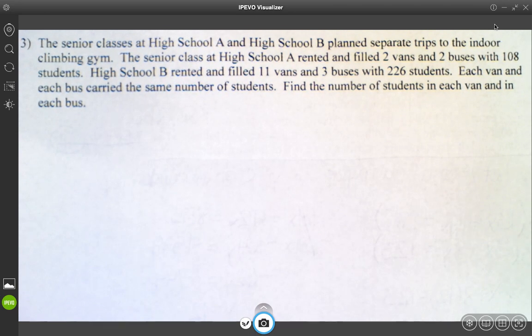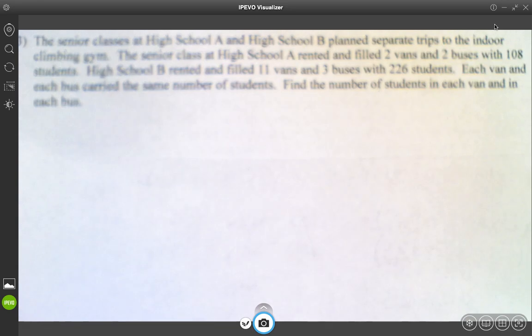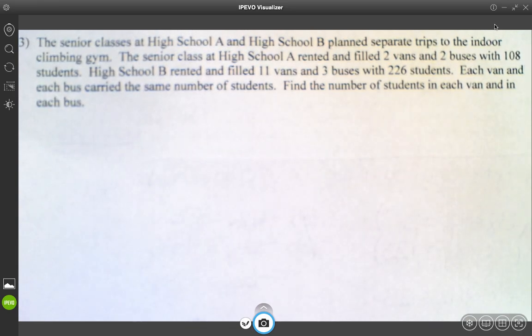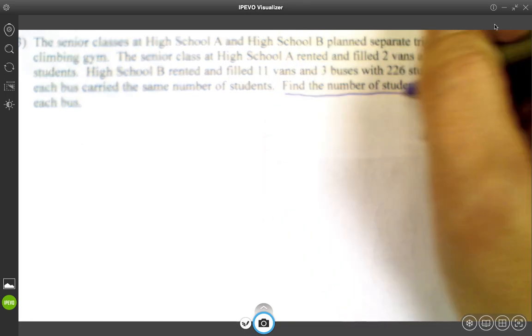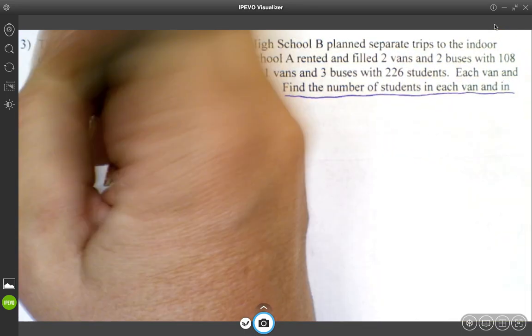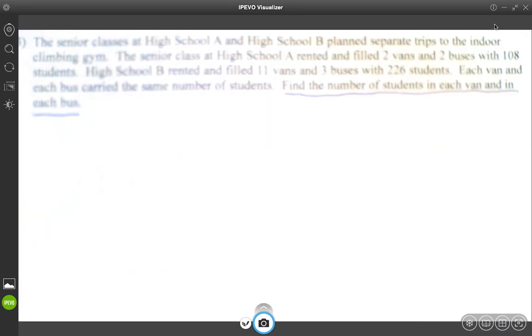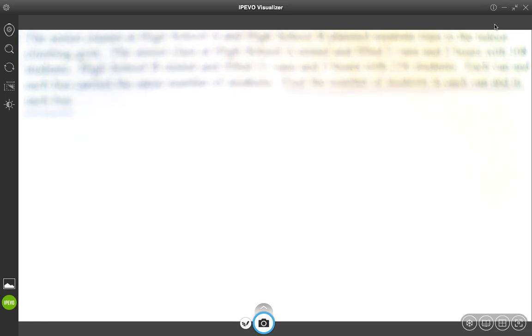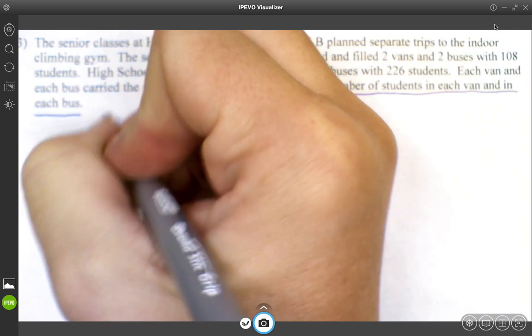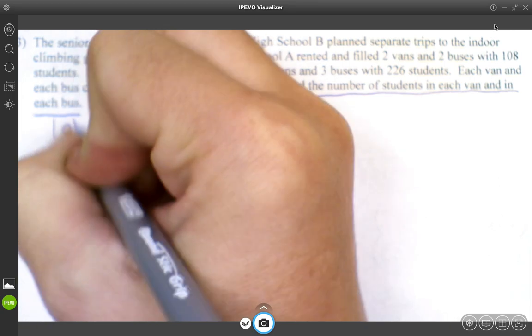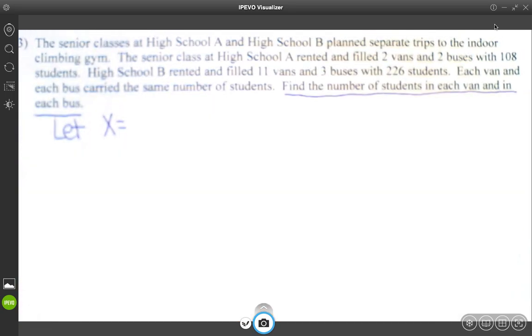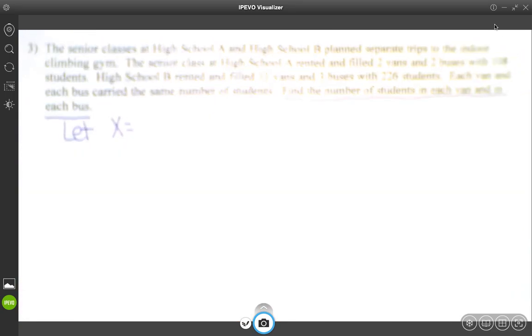So what are we actually trying to find here? The number of students in each van and each bus. Do you want to use X and Y, or V and B? I heard X and Y first. So which one is X going to be, the number in our van or the number in our buses?